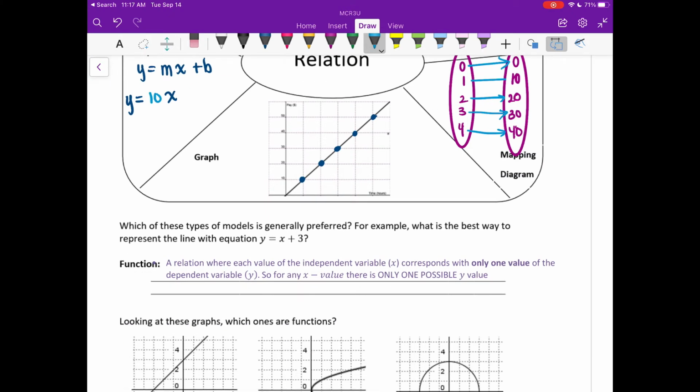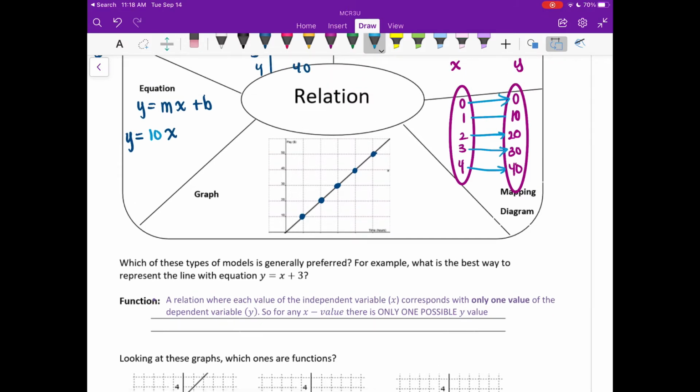So when we say which of these types of models are generally preferred, think about what you want to show people, or what you're trying to accomplish by presenting this data. More often than not, we like to show it in a graph. I want to show people that if he works more hours, he will get more money. Sometimes we like to show it in an equation so that you can see the m, the slope.